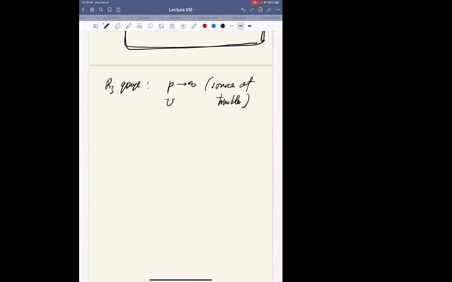This is the ultraviolet region, P very large. What happens is that MA is very small, because what appears there is MA over P, right?